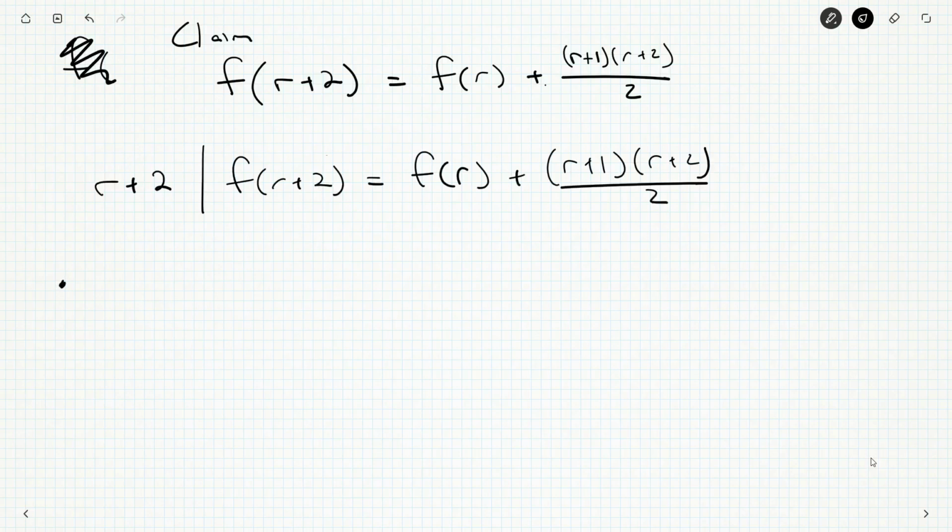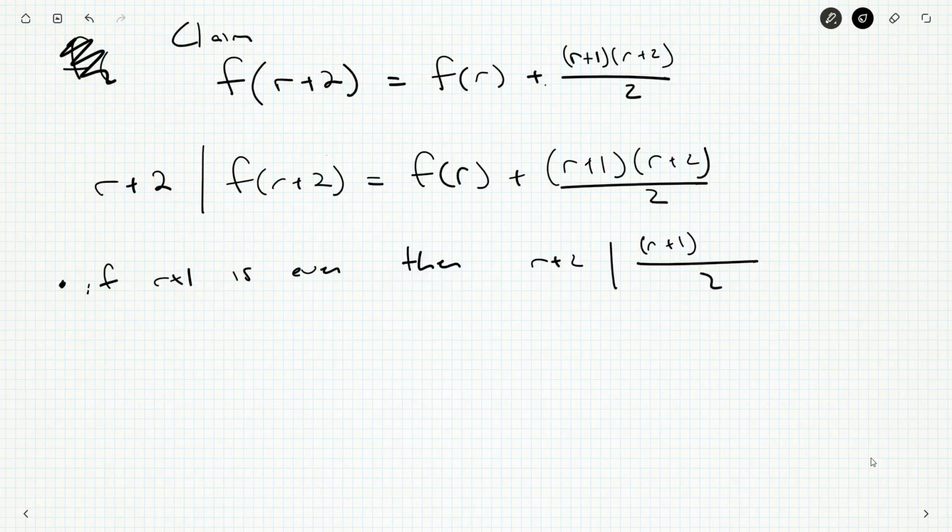Now, I do note that if r plus 1 is even, then r plus 2 divides r plus 1 over 2, because that's going to be an integer times r plus 2. And that would then imply that r plus 2 needs to divide f of r. So, that's something, but of course you're making the assumption r plus 1 is even. And so, then that of course implies r is odd.